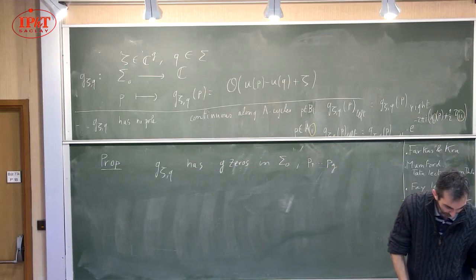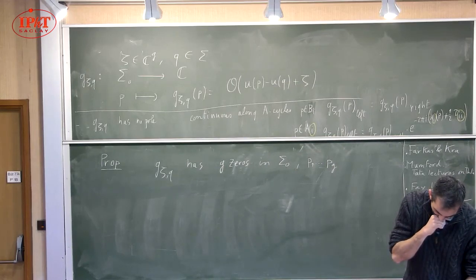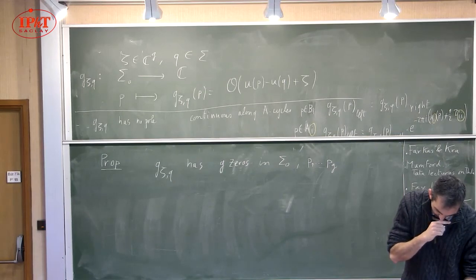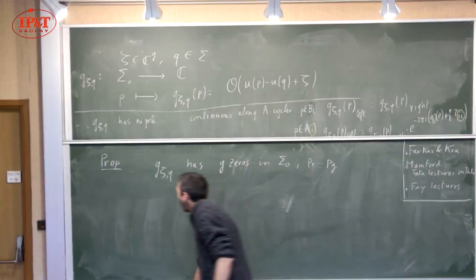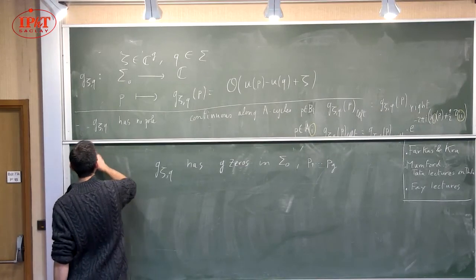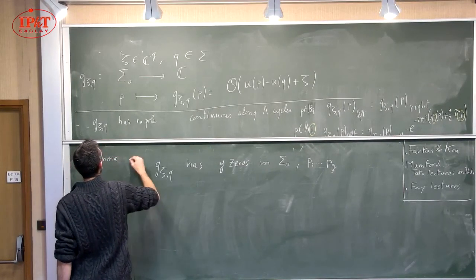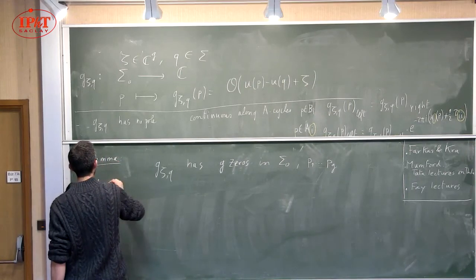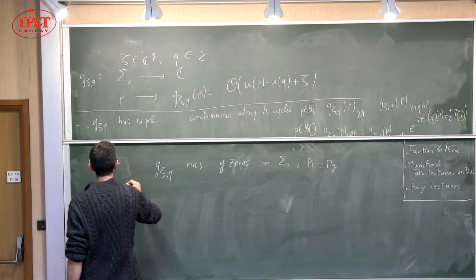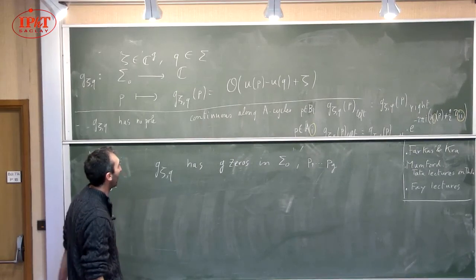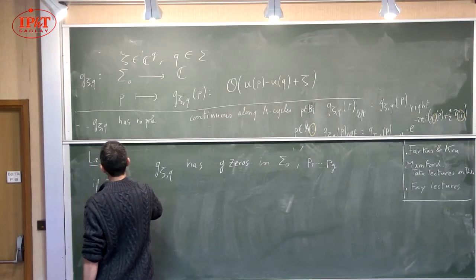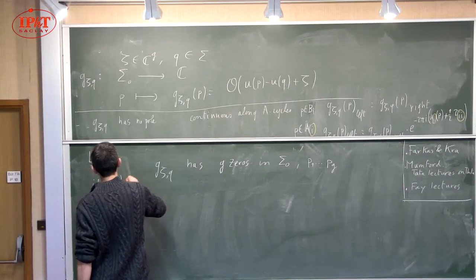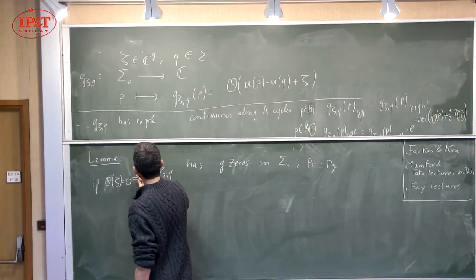Well, sorry, let me write that as a lemma. If we choose zeta such that theta of zeta equals 0, we have two possibilities.